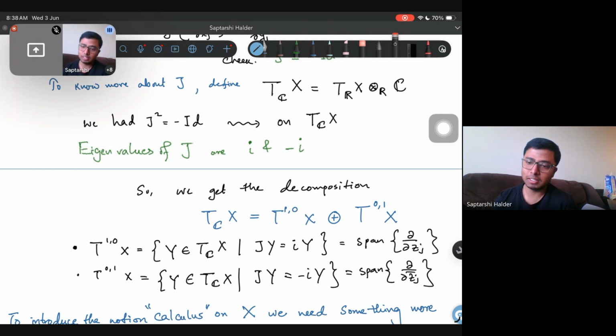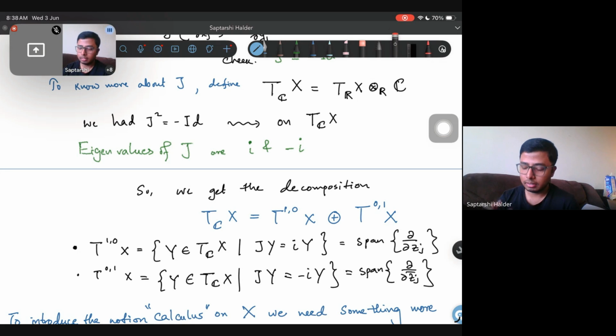From I and minus I, we can now talk about the eigenvectors. You know that TCX and TRX are all vector spaces, with the same dimension as the manifold. Different eigenvalues give different eigenvectors, and those eigenvectors generate a vector subspace.